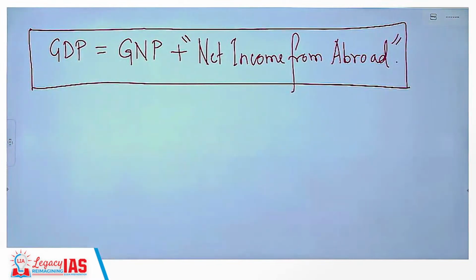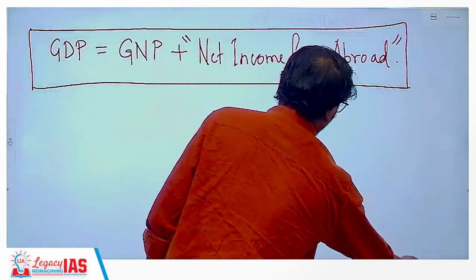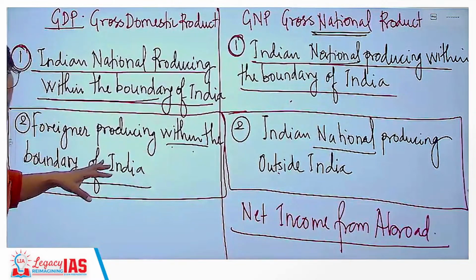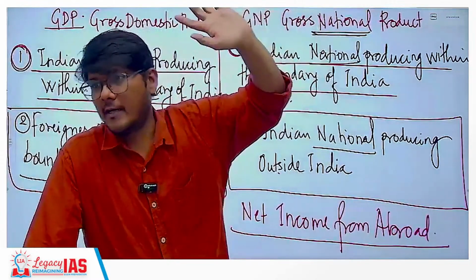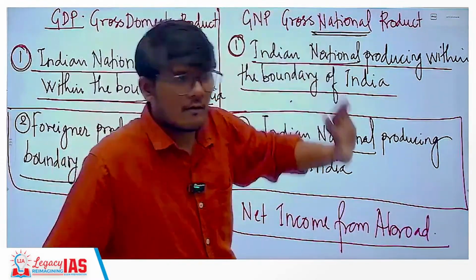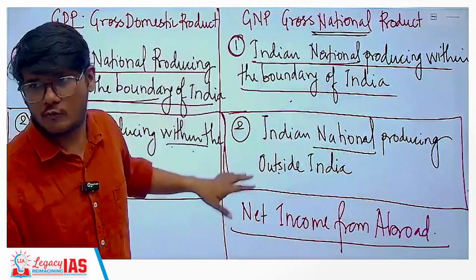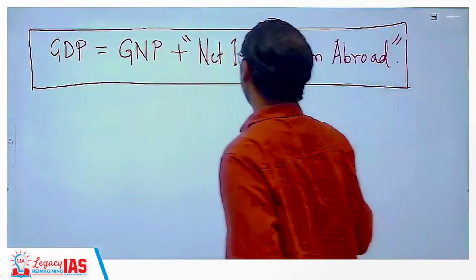Okay? And what is net income from abroad? Net income from abroad will be how many foreigners come to India and produce within the boundary of India minus how many Indian nationals are producing outside India. Okay? If these two also become the same, then the whole thing will be the same. But these two will not be the same practically. Theoretically it is possible, practically it is not possible.